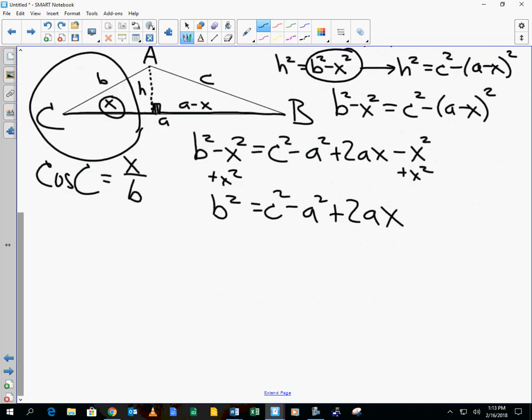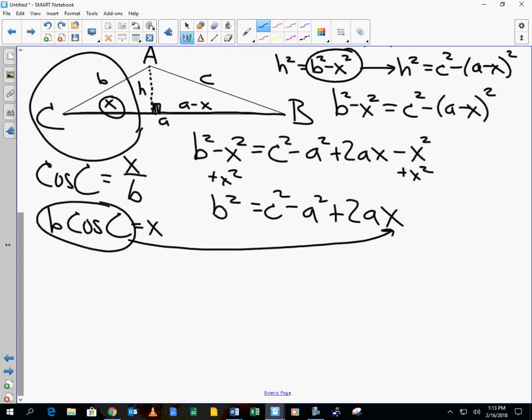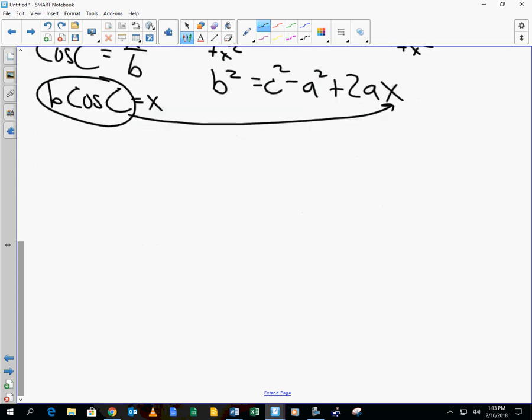Can I solve for x? What can I do with that? Looks kind of messy, doesn't it?